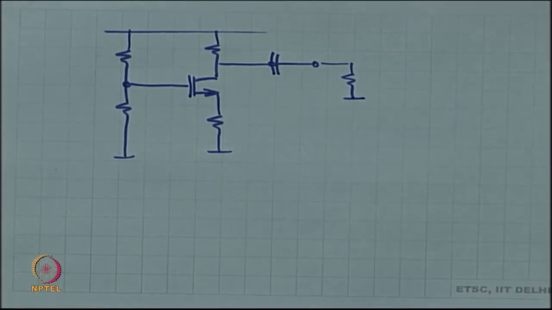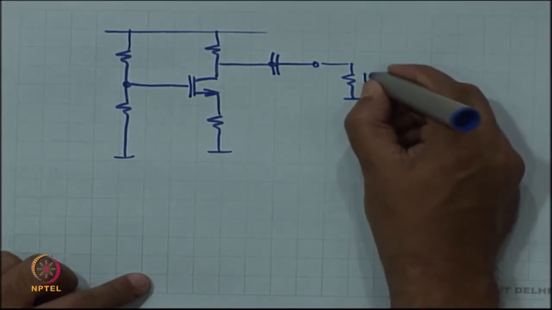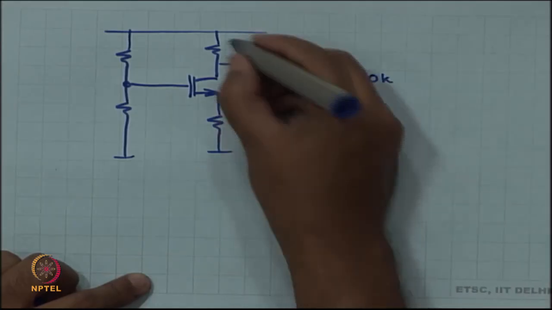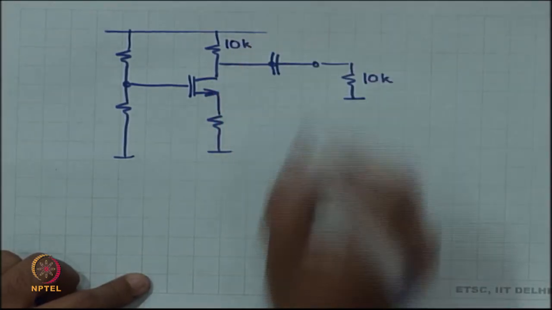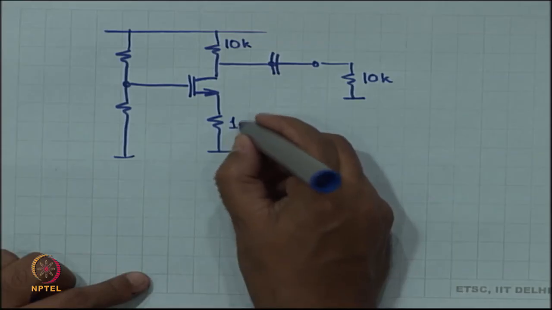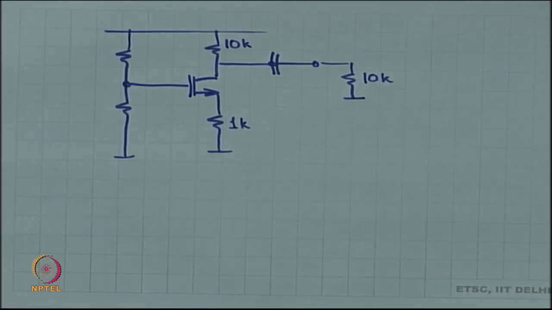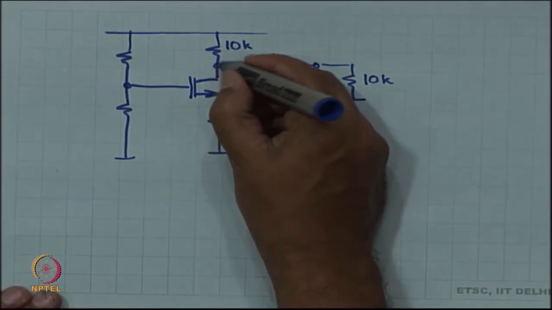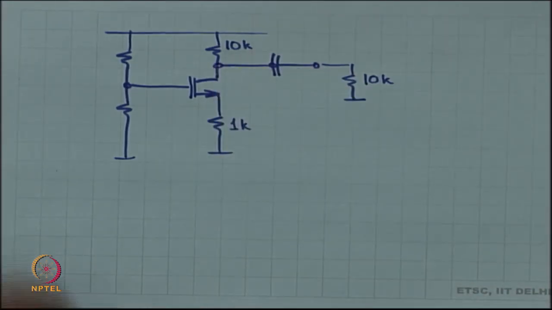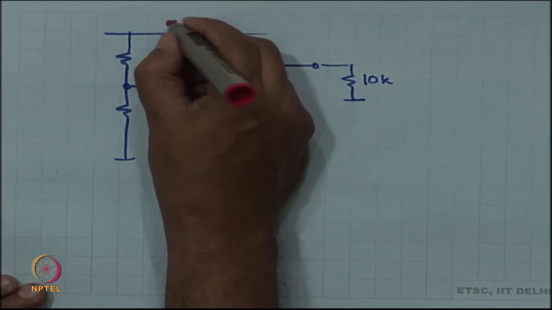So, let us do a complicated one, right. So, let us say this is 10K, this is 10K, and this is 1K. And let us say that this voltage over here is 5 volts, VDD is 5 volts.